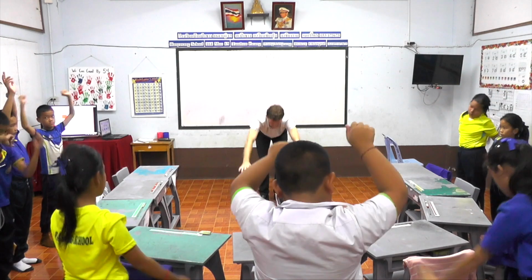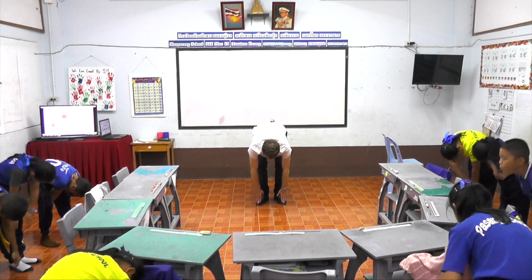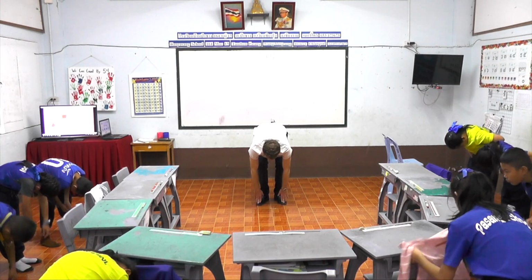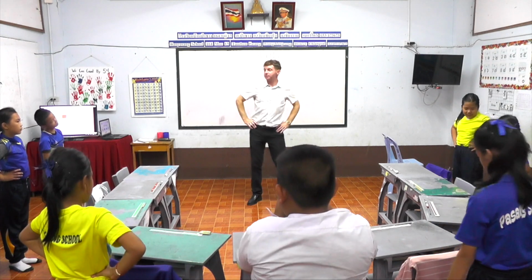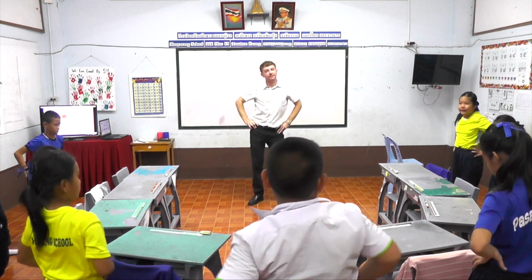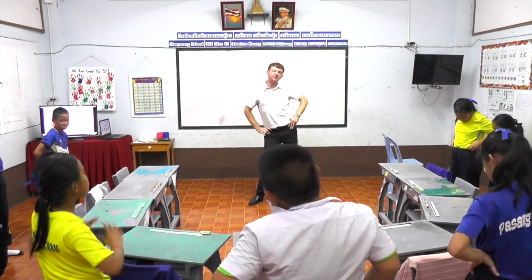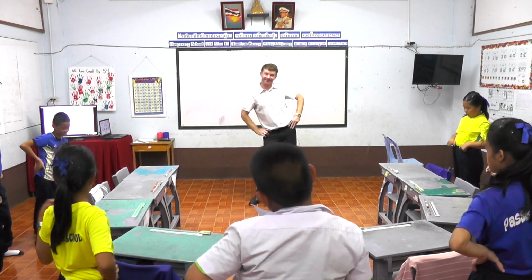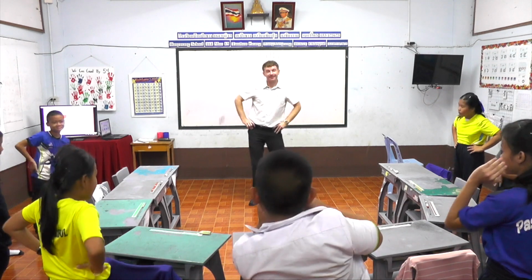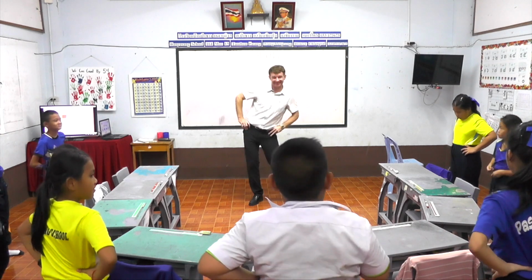And back down to touch our toes. Now stand up, hands on hips. And let's have a wiggle. Wiggle side to side. Stop. And now wiggle again, side to side. Keep going side to side. Stop.